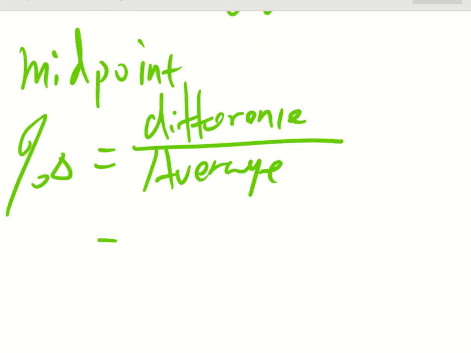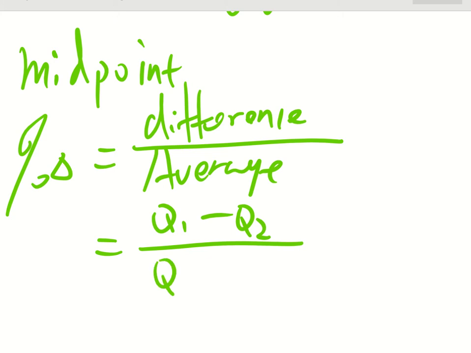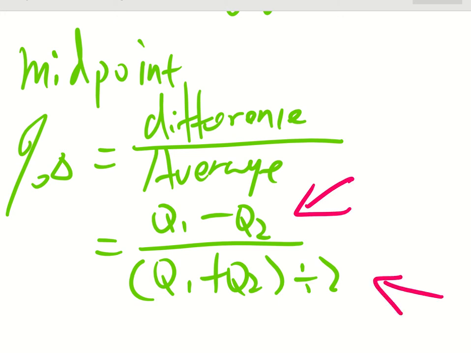So let's say quantity 1 minus quantity 2 over quantity 1 plus quantity 2 divided by 2. That's the difference on top, and on the bottom is our average.